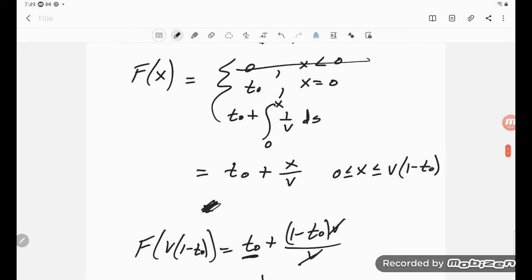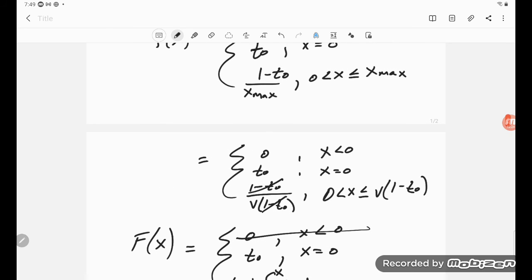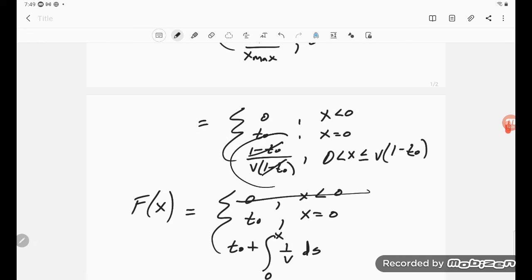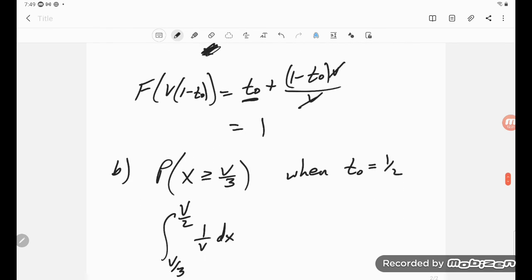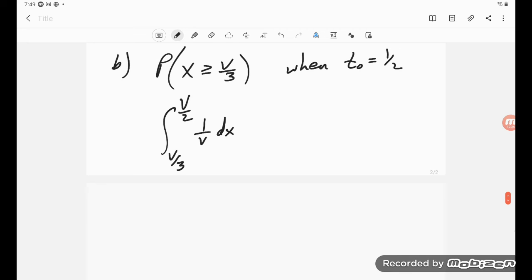Okay, so I'm just using our PMF. So that is equal to, the v's are all going to cancel, and so we have 1 over v times v over 2 minus v over 3. And again, those cancel, and so we get 1/2 minus 1/3, which is 1/6.